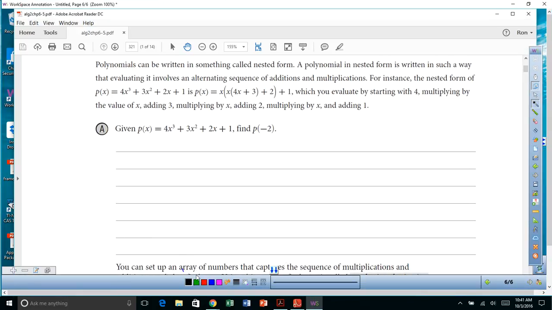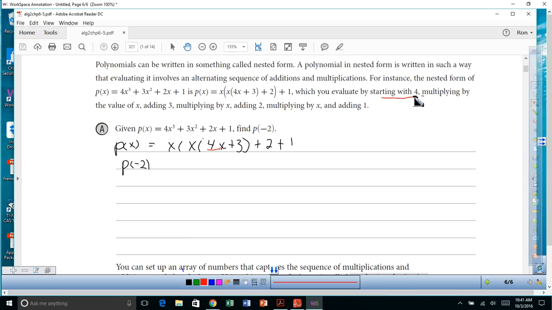We have p of x, and I'm going to write this in nested form. So p of negative 2: we start off with a 4, and multiply by the value of x.